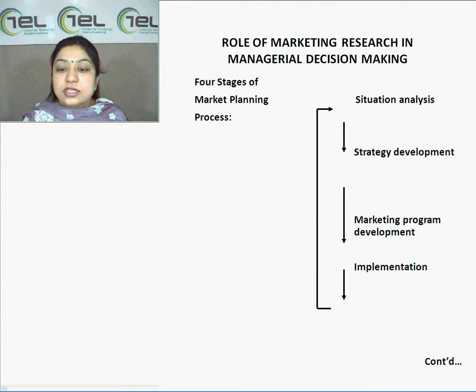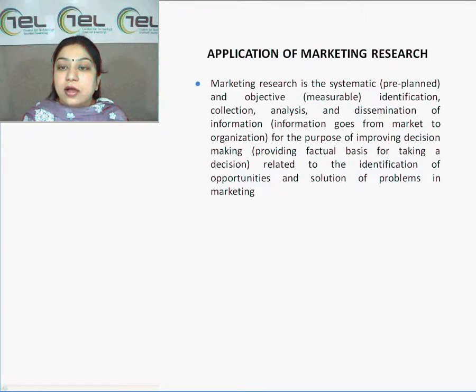Now, marketing research is a systematic, that is pre-planned and objective, identification, collection, analysis and dissemination of information. Information goes from the market to the organization, and for the purpose of improving decision making, you provide factual basis for taking decisions relating to the identification of opportunities and solutions to problems in the area of marketing.